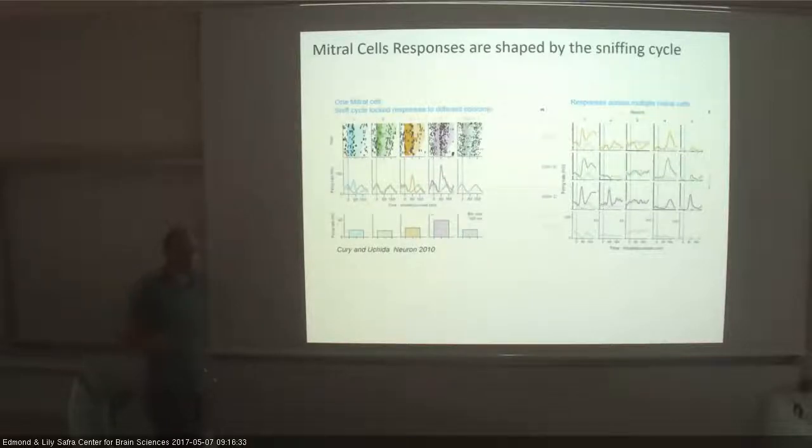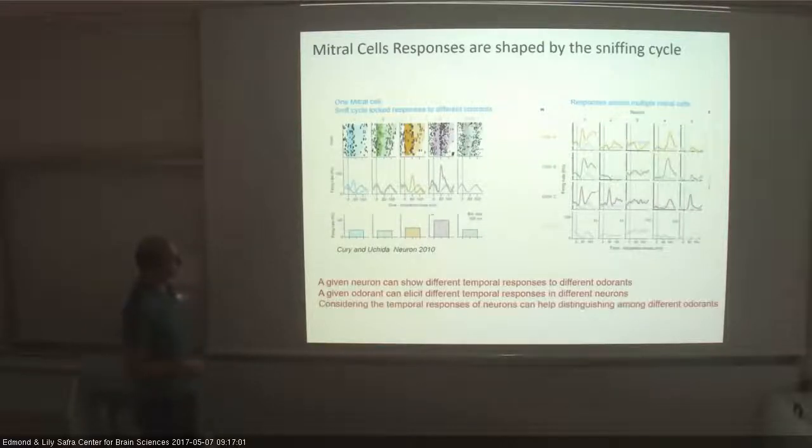But definitely this information exists in the brain. Maybe it's not necessary because there are actually sensory neurons which are sensitive to the airflow, not just the odors. You see that often even a blank induces a response, and so this may be sufficient as information. But maybe not the olfactory bulb, but downstream regions must have this kind of information.